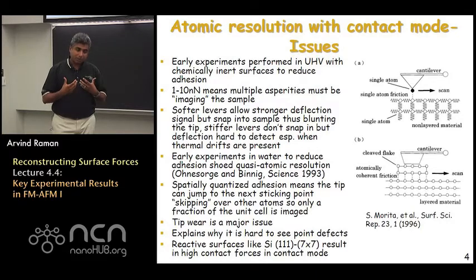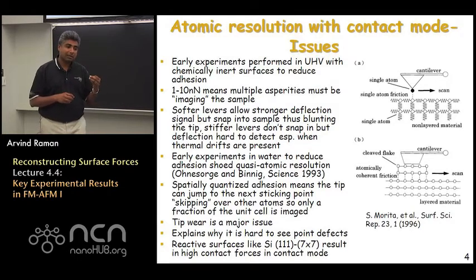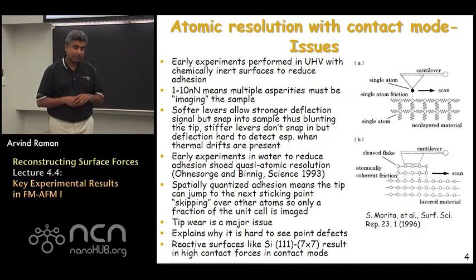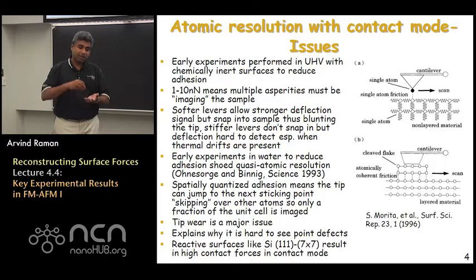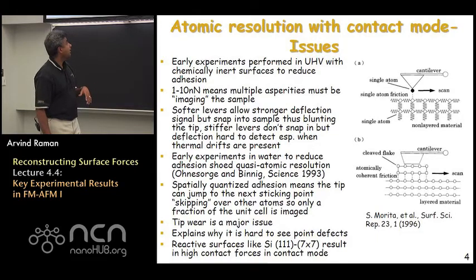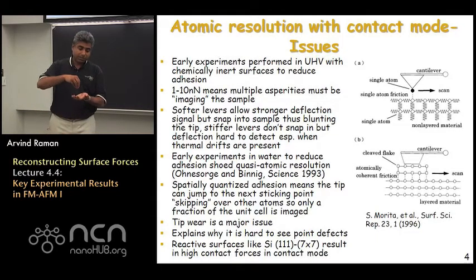The other point that I raised in the previous slide was about the lack of initial images that showed point defects. And very soon that started being attributed to the fact that in contact mode AFM, as shown on the top right, one really has a situation where you have a very sharp asperity.